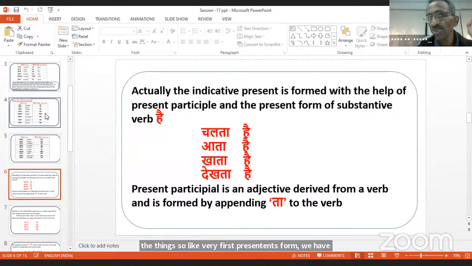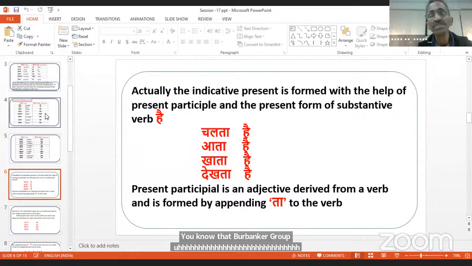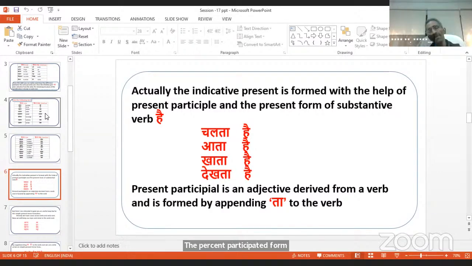You know verb and verb root: ana, a; jana, ja; padhna, padh; dekhna, dekh; sunna, sun. Now the present participle form and the substantive verb. First, present participle.